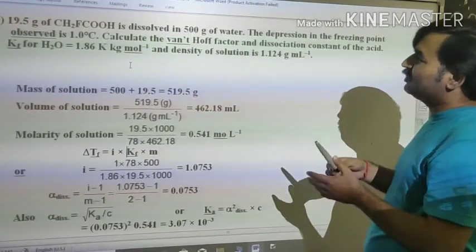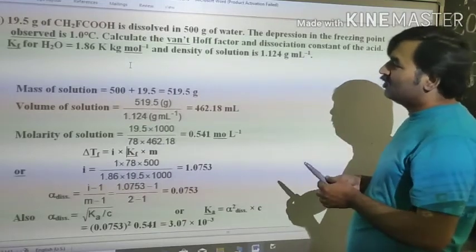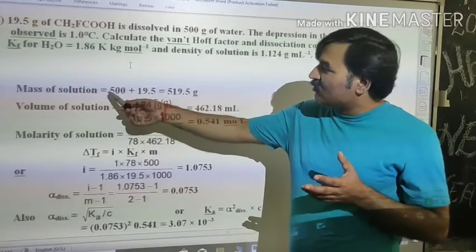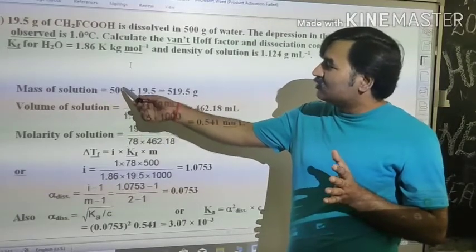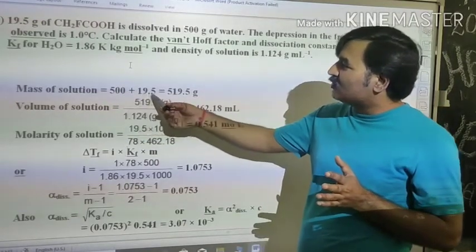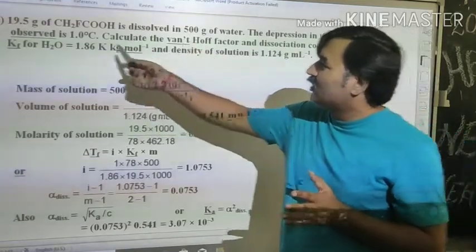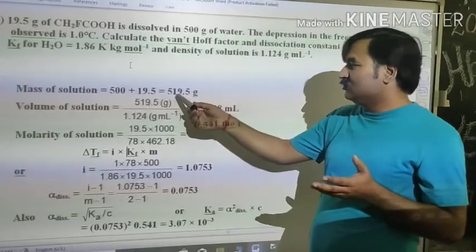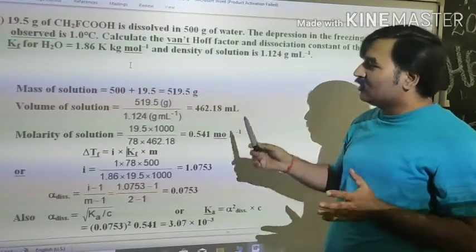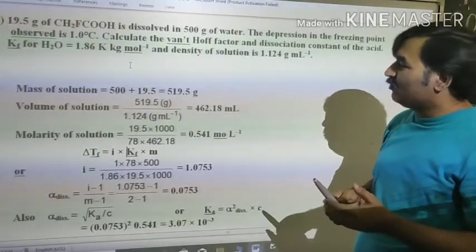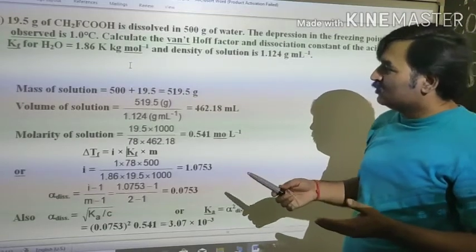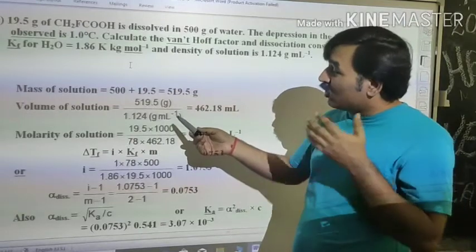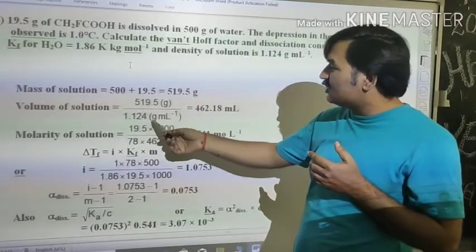Or you can first find the molarity of solution. How much? Look, here it is given mass of solution, which means mass of solvent plus mass of solute, 500 and 19.5. It becomes equal to 519.5 gram. From density we can find volume. So density is given by mass upon volume, so volume will be equal to mass upon density.